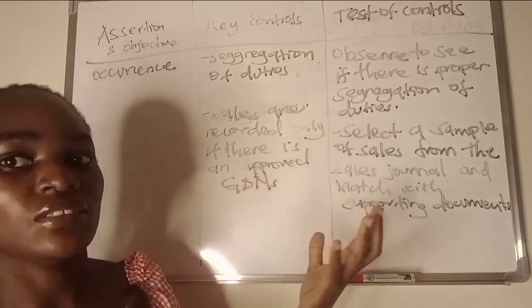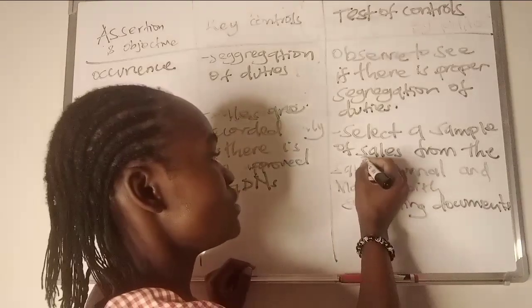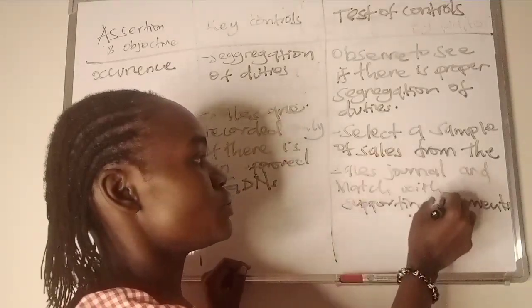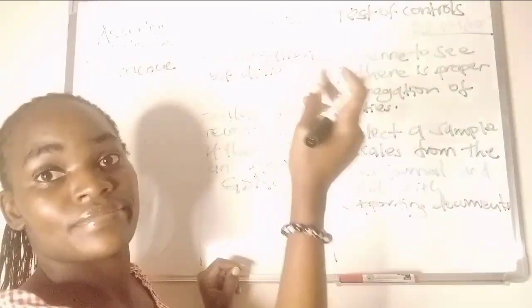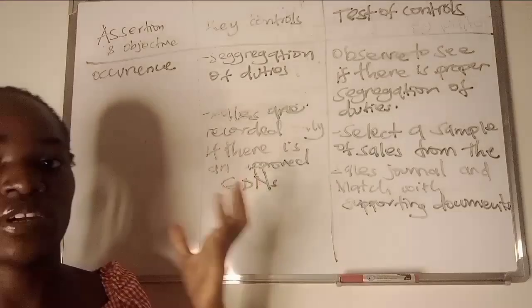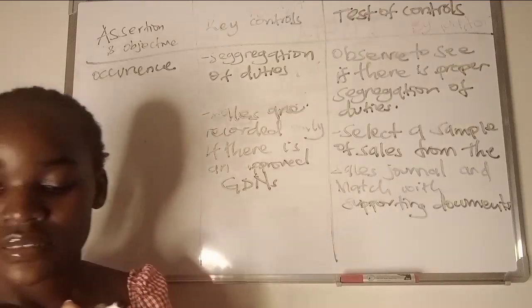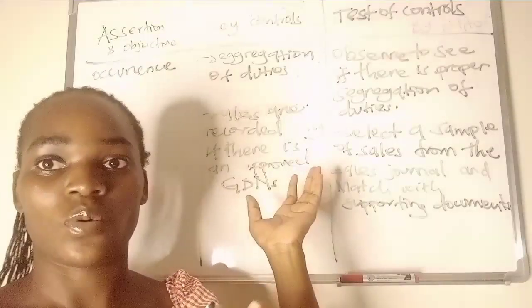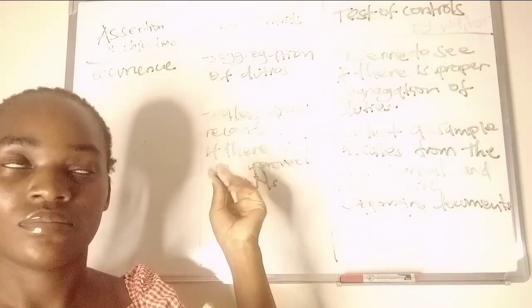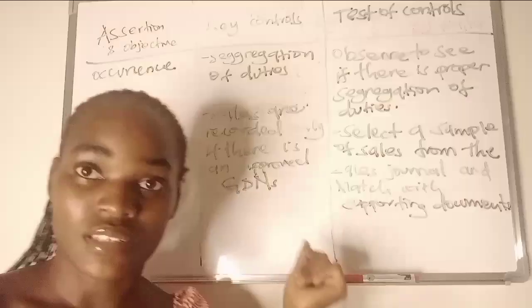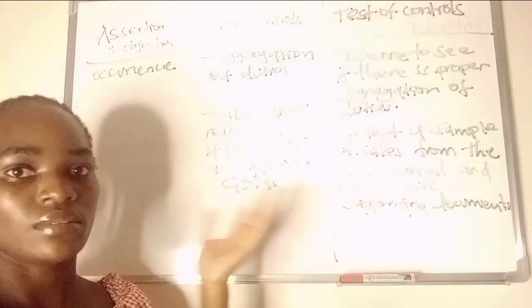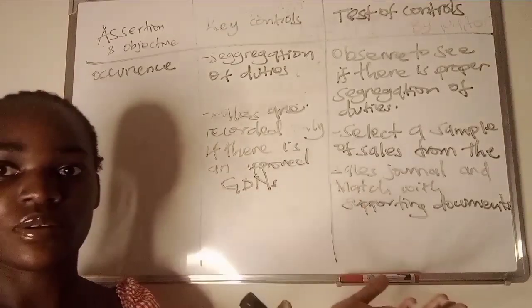You just change sales, where there is sales you put purchases. Yeah, for transactions. Then that is for occurrence. We are done with occurrence assertion, so we are going to the next assertion.